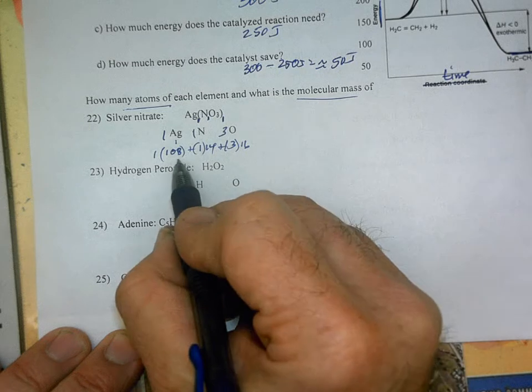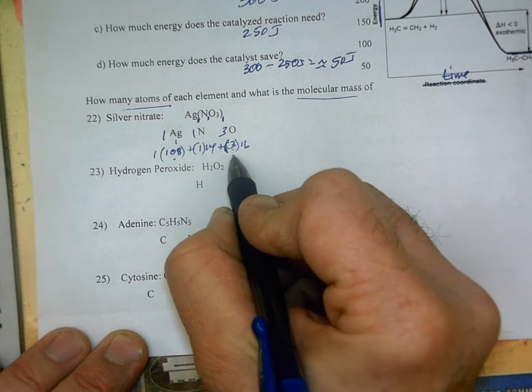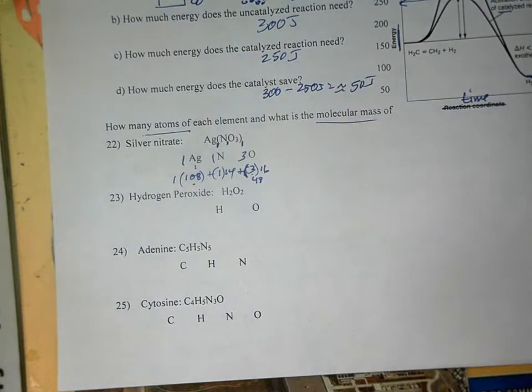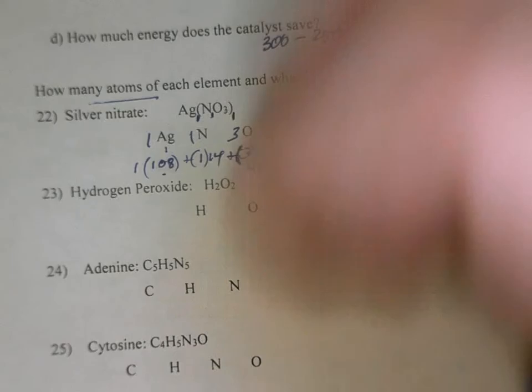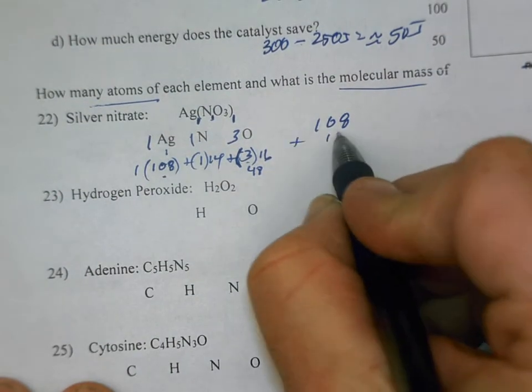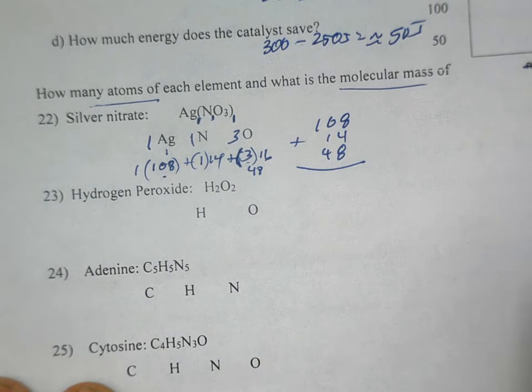So we've got 108 plus 14, plus 3 times 16, which is 48. I'm going to zoom in a little bit more so we can see that on your phones a little better. So it's going to be 108 plus 14 plus 48. You do the math. I'm not going to.